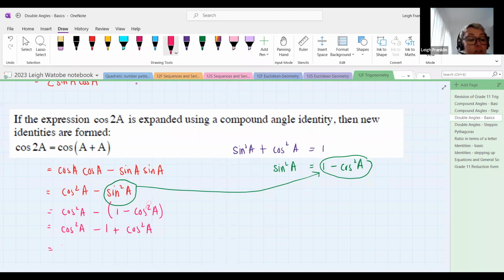So this is where 2 cos squared A minus 1 comes from.